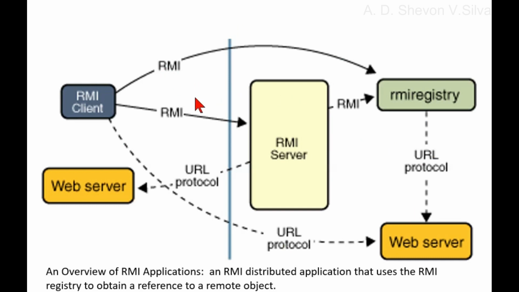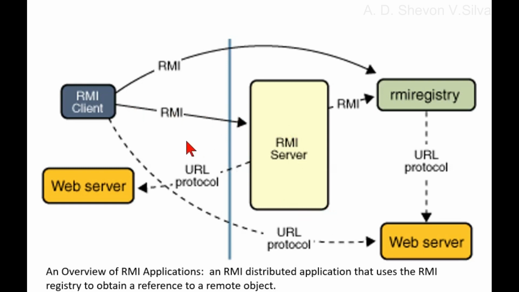RMI applications often comprise two separate programs, a server and a client. Typical server programs create some remote objects, make references to these objects accessible, and wait for clients to invoke methods on these objects.